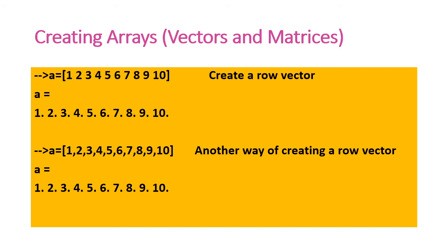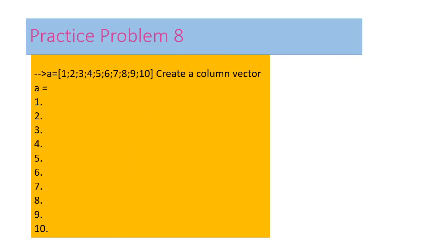If you give 1 space 2 space 3, then it also creates a row vector. If you give 1, 2, 3, then it also creates a row vector. If you would like to create a column vector, then we need to give semicolon. So 1 semicolon 2 semicolon 3, like that, creates a column vector.